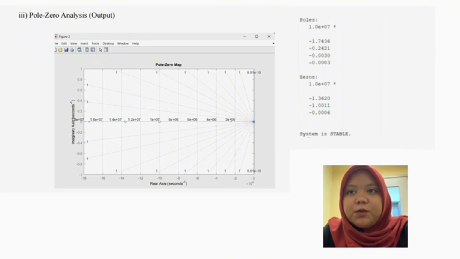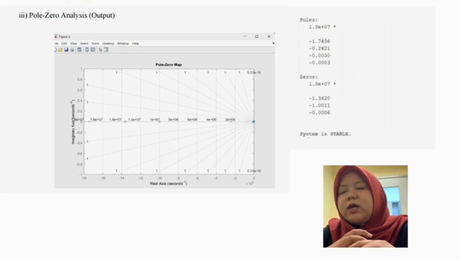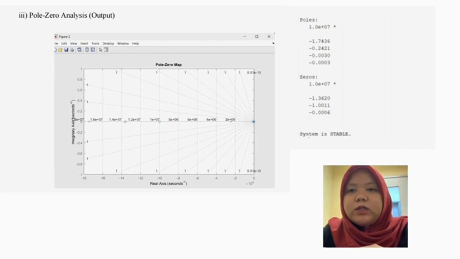This explains why the unit step response has 0% overshoot and reaches the steady state value quickly. So the pole zero analysis and the unit step response consistently confirm that the electrical system is stable, well damped, and capable of producing a smooth and reliable response.